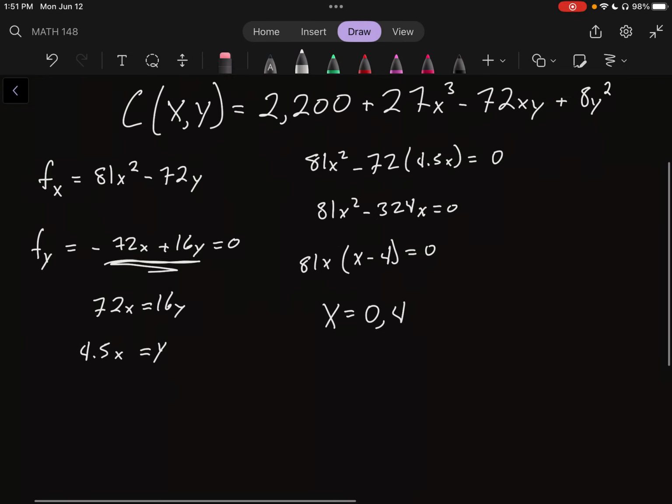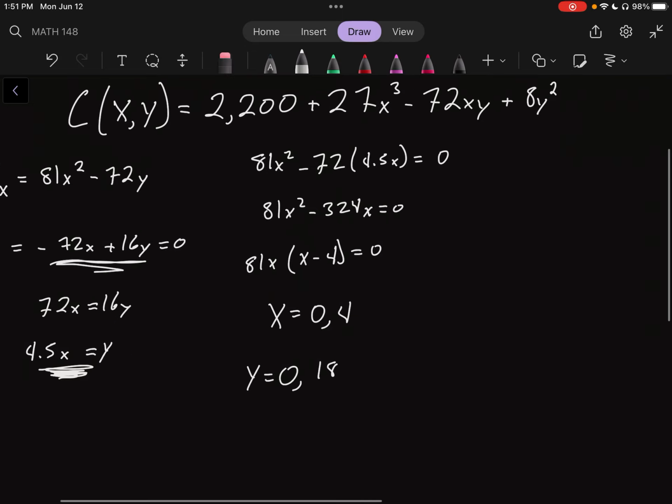And now we can plug these x values back into this equation right here. So y is equal to 0, and then 4 times 4.5 is 18.